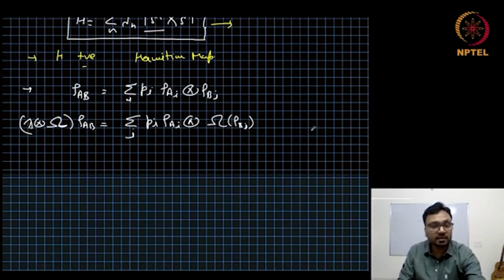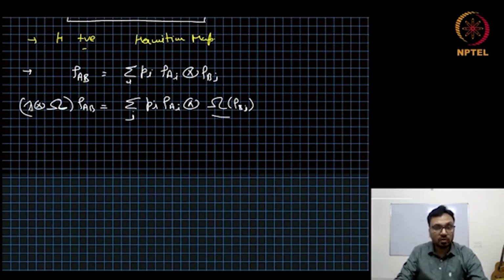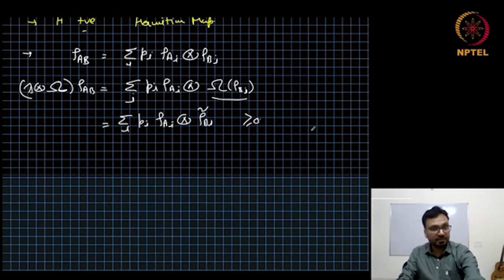Since we know that omega is a positive map, omega of rho Bi is always positive because rho Bi's are valid density matrices. Okay, so omega of rho Bi is positive, so we can write it as sum over i pi rho Ai tensor rho Bi tilde, some other density matrix, but a density matrix of the B subsystem. So this is a positive operator, the whole thing.